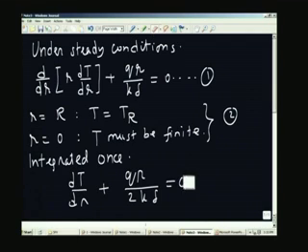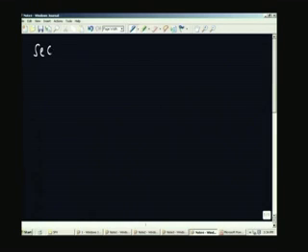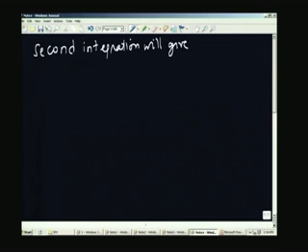Right hand side of course will not be 0, we will give a constant of integration, we will call it A, and when you divide by r, that r will come here. So A by r. Okay. So one integration will give you this equation. A second integration is a very simple straightforward integration.